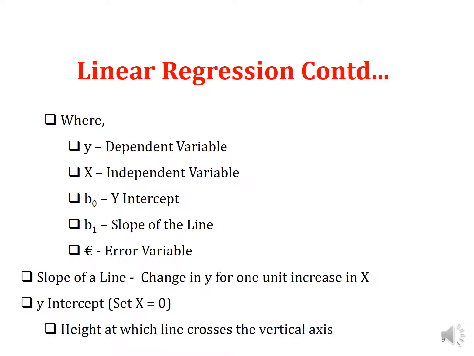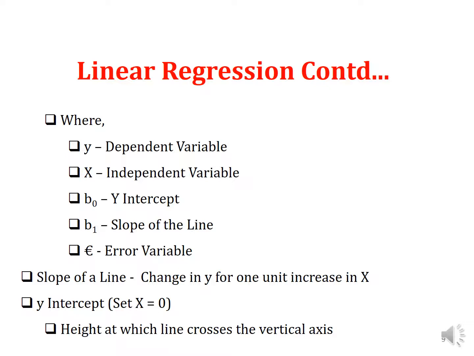What is the slope of the line? It is the change in y for 1 unit increase in x, dy by dx, delta y by delta x. And the y-intercept we get by setting x equal to 0. So where the line cuts the y-axis, that's the intercept.